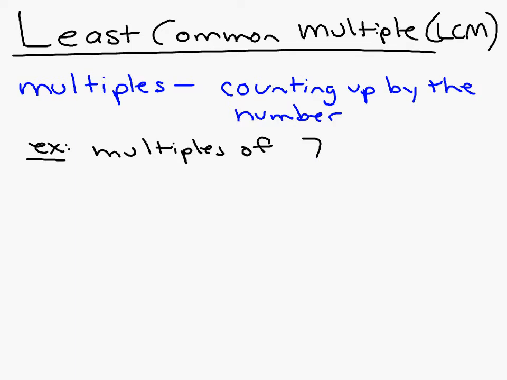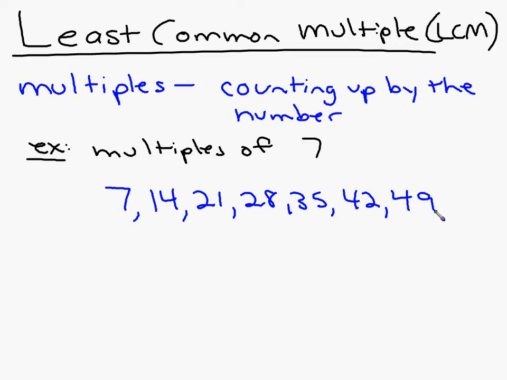The multiples of 7, well, what's 1 times 7? 7. 2 times 7? 14. 3 times 7? 21. 28. 35. 6 times 7 is 42. 7 times 7 is 49. And I could keep going forever. I'll just put ... I could go forever. That is an example of listing the multiples of a number.